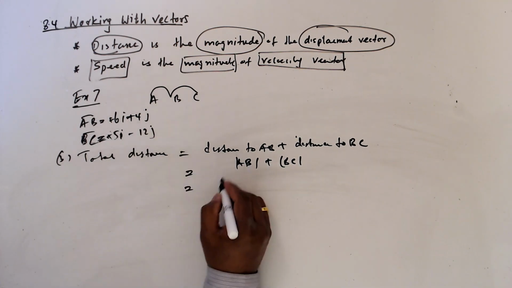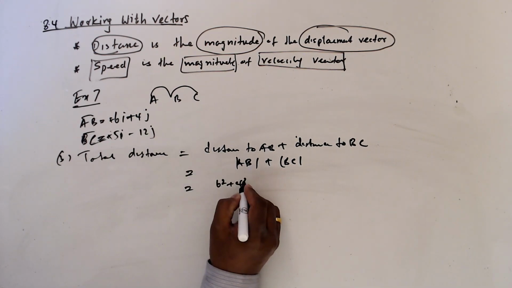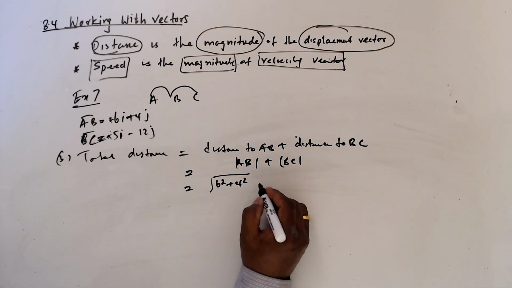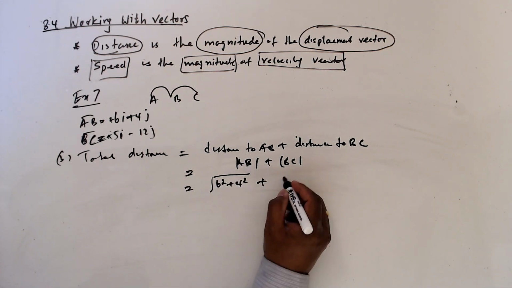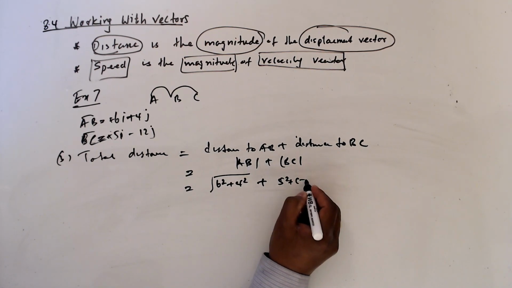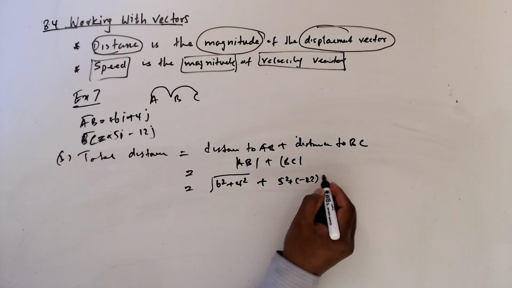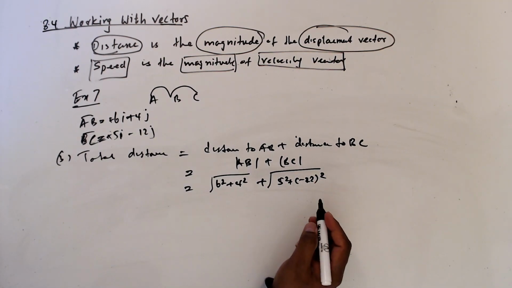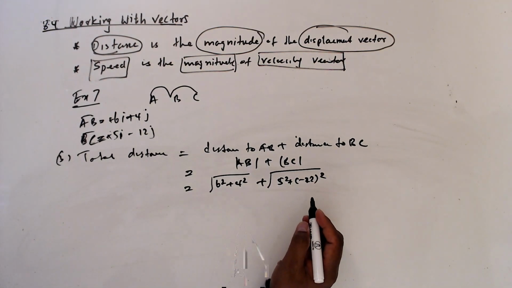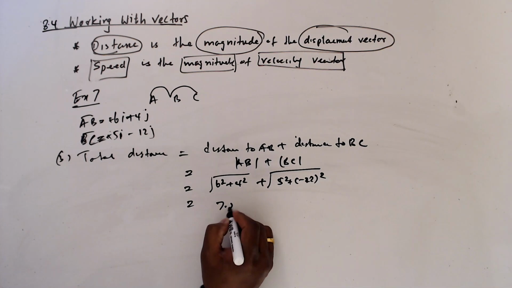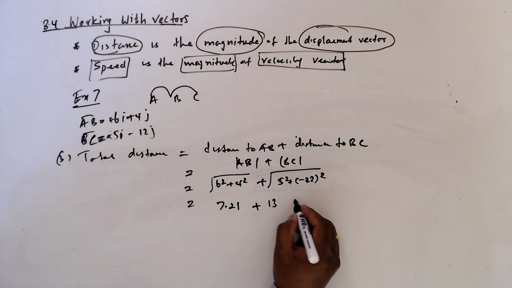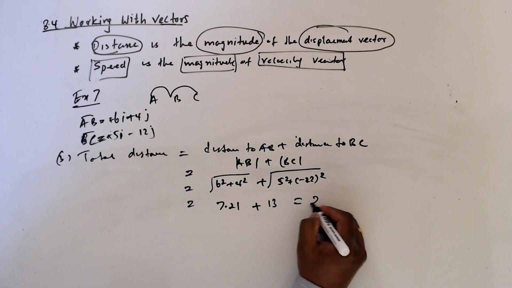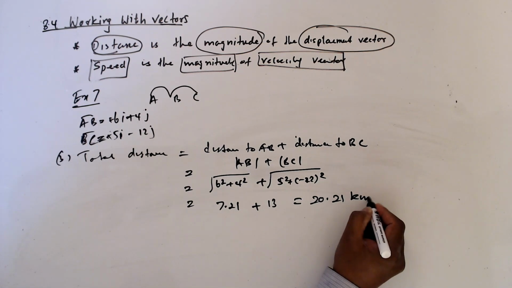Mod AB means square root of 6 squared plus 4 squared, plus mod BC, square root of 5 squared plus minus 12 squared, that is 7.21 plus 13, which will make 20.21 kilometers.